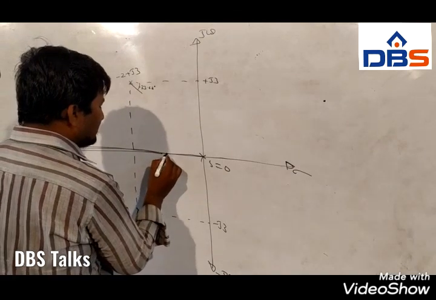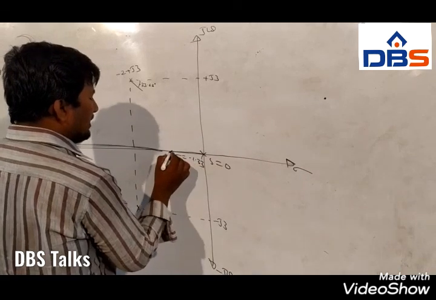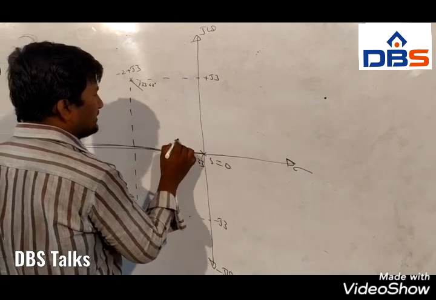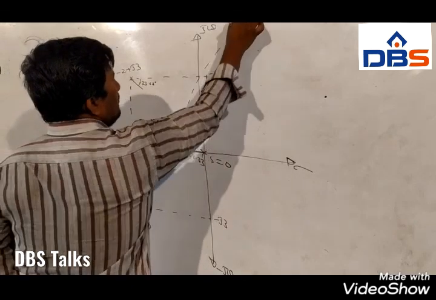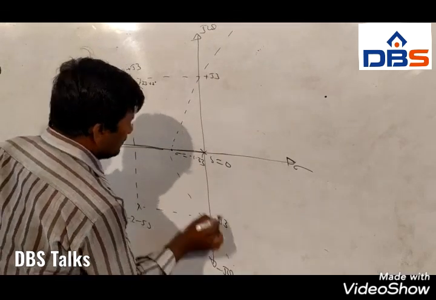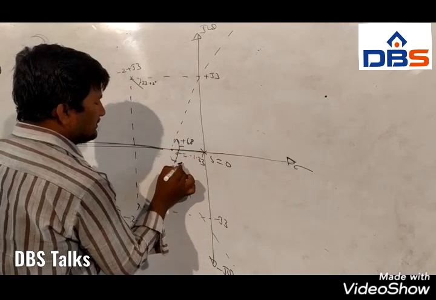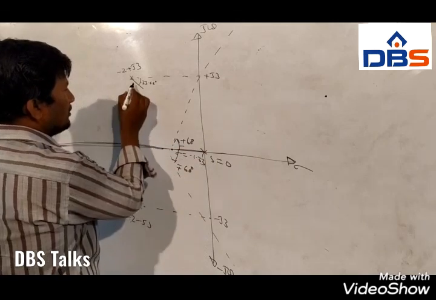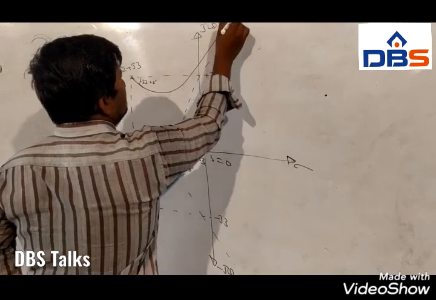So first of all, centroid is minus 1.33, and take asymptotes, that is plus or minus 60 degrees. So now the root locus diagram will flow like this.